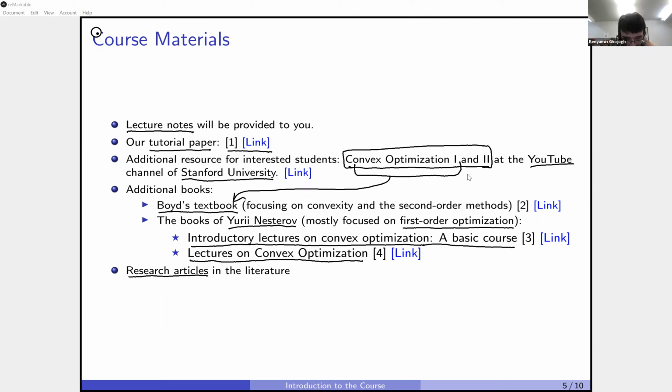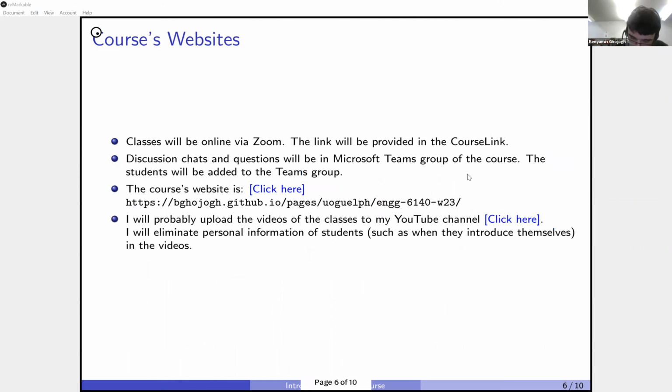We have a course website, and classes will be online via Zoom. You have the link. We'll probably make a Microsoft Teams group. When I was studying here in Waterloo, we had Piazza. Piazza was very good for question answering, but apparently we don't have it here. So one option is to make a Microsoft Teams group where we can ask questions and have discussions.